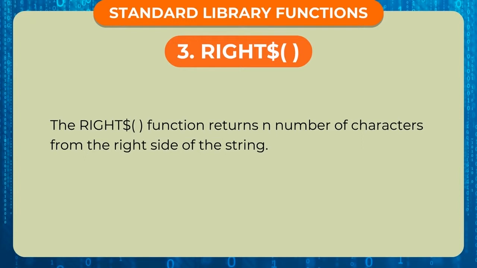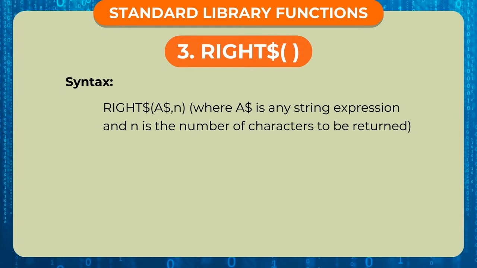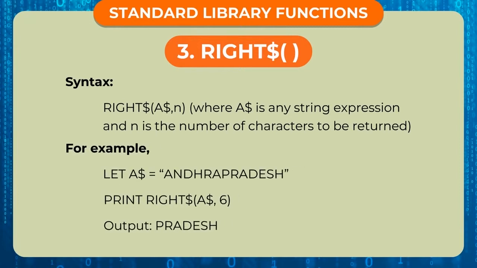The RIGHT$ function returns n number of characters from the right side of the string. Syntax. RIGHT$(A$, n), where A$ is any string expression and n is the number of characters to be returned.